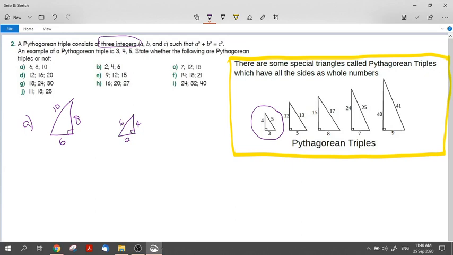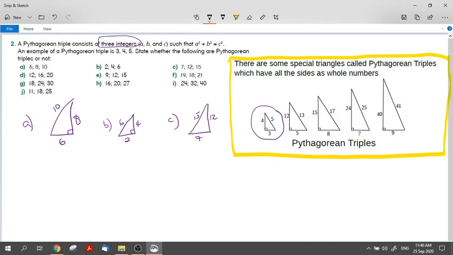And then this one would be 7, 12, and 15. What you have to do is check, are they telling the truth? State whether the following are Pythagorean triples or not.